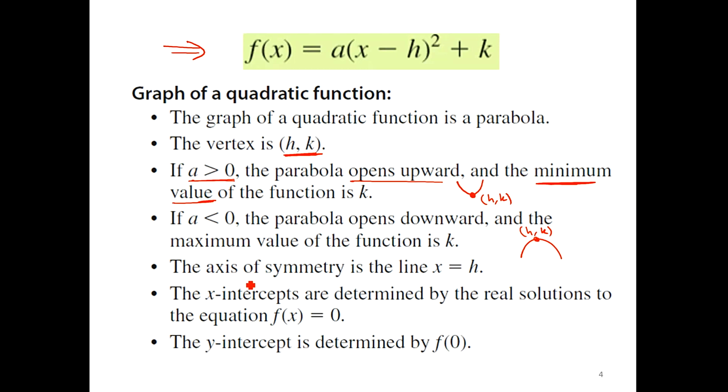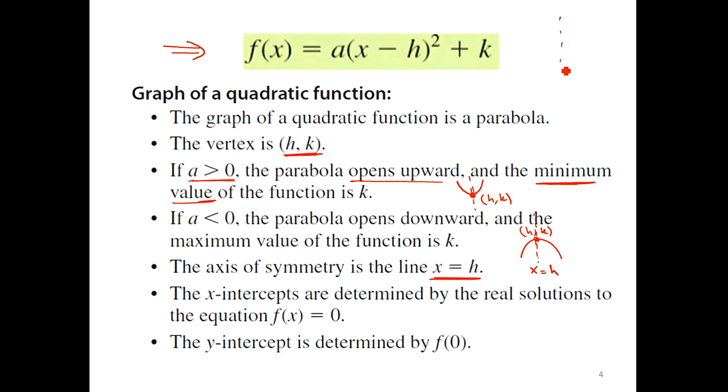Also, we have the axis of symmetry, x equals h. Always x equals h. This is the symmetry. Symmetry means the graph on the right of the line is a mirror of the graph on the left of the line.